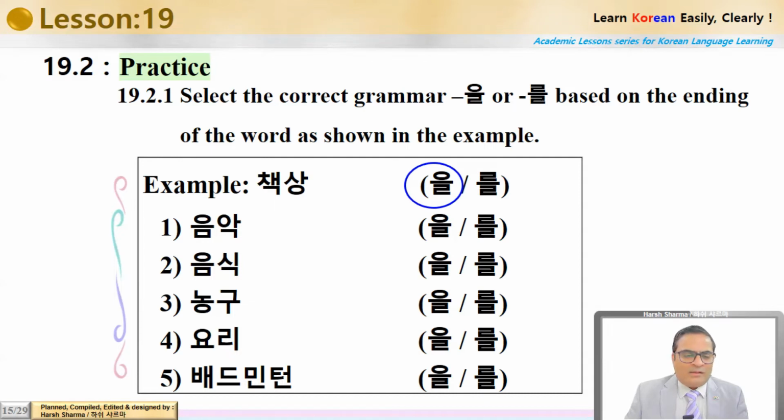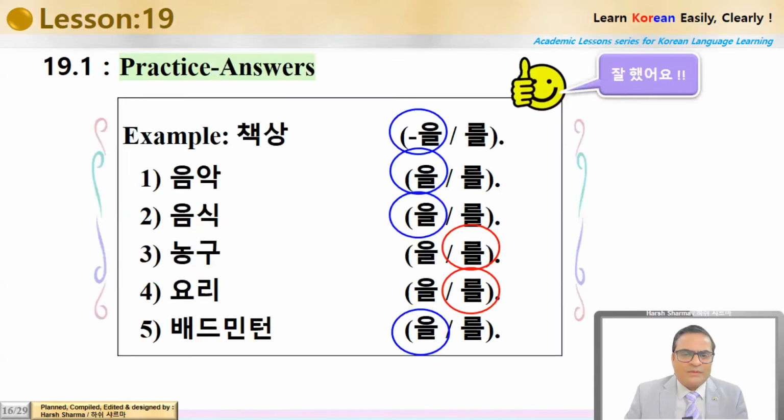Now let's check the answers. See, number 1 is umak. Pachim is there. We will add ul, umagal. Number 2, umshik. Umshik is also having pachim in the final syllable. Select ul, umshigal. Number 3, nongu.